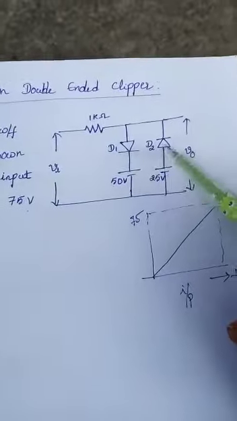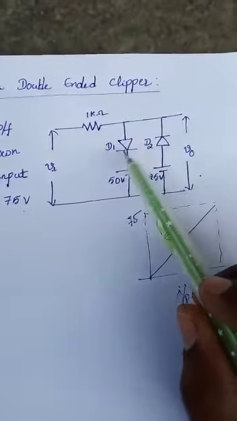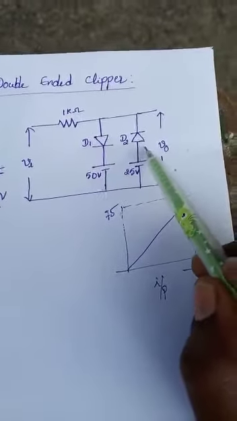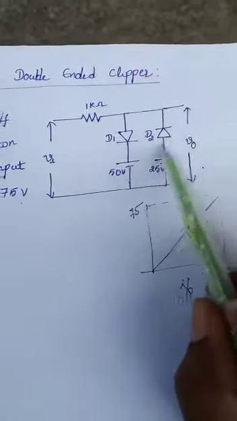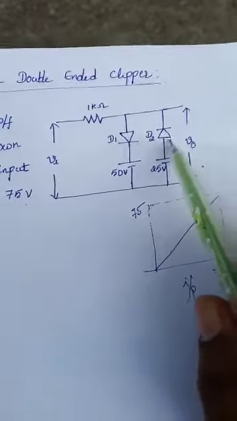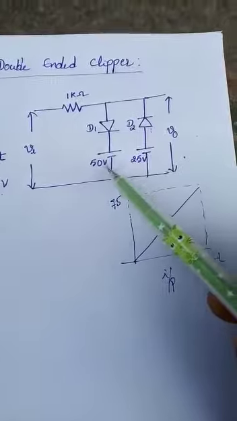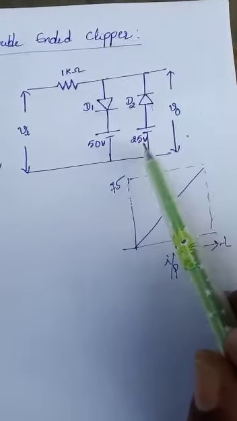As two diodes are present here, D1 and D2, for one diode we have two conditions, whether it is on or off. For the second diode also two conditions, on and off. So totally, for this circuit operation, there are four conditions for the two diodes D1 and D2. Here two conditions are on the first reference voltage of 50 volts and two conditions are on the second reference voltage of 25 volts.